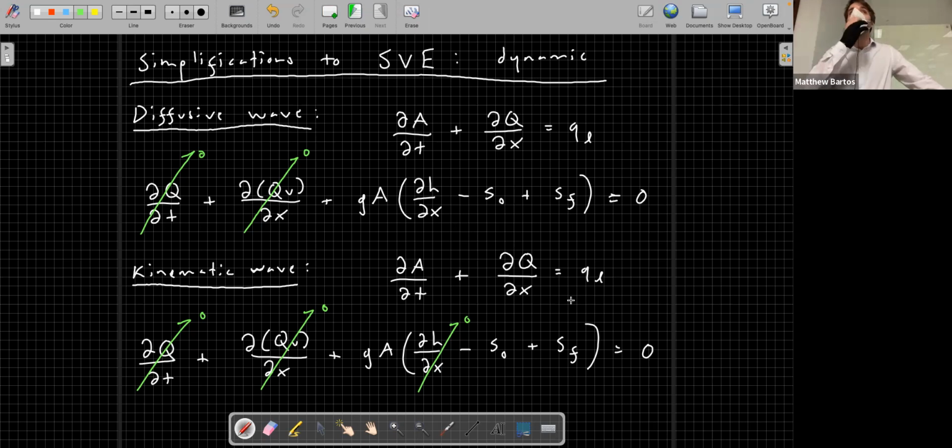So if you have a system in which you have impoundments, any kind of control structures, kinematic wave will not be able to represent the backwater effects imposed by those structures or any other kind of changes in the slope of the water surface. So that's an important thing to understand and appreciate when you are modeling these systems, okay?